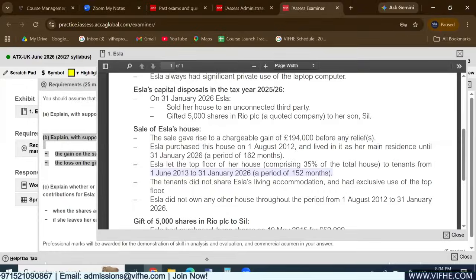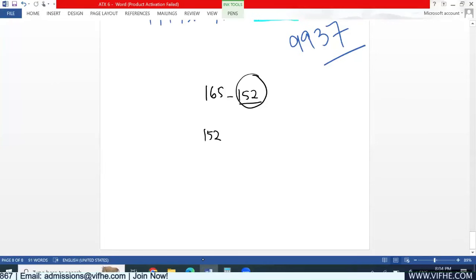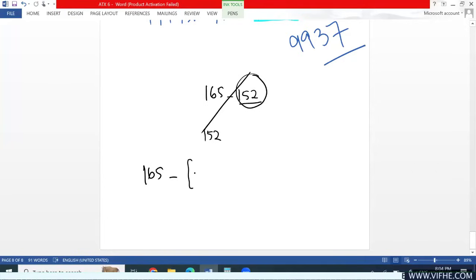So in this case, this 165 does include 152 months in which some part of the property was let out. So it qualifies for letting relief instead of private residence relief.